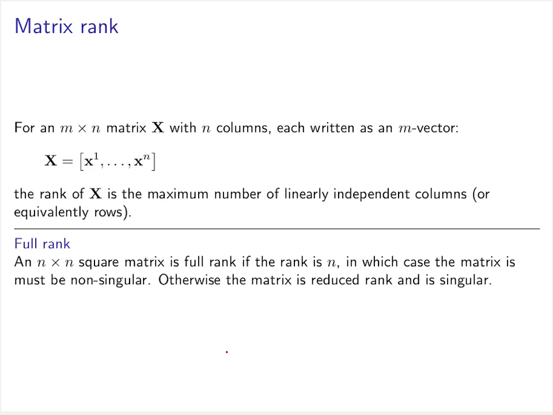The rank of a matrix is the number of its linearly independent columns, and this is equivalent to the number of its linearly independent rows. A square matrix is called full rank if its rank is n, if it's n by n.